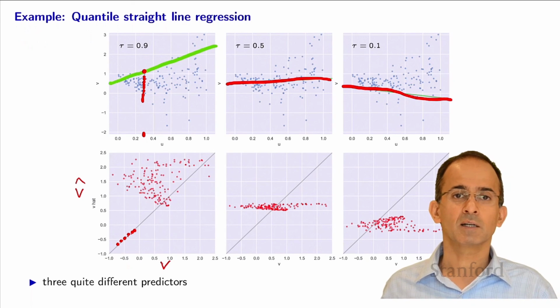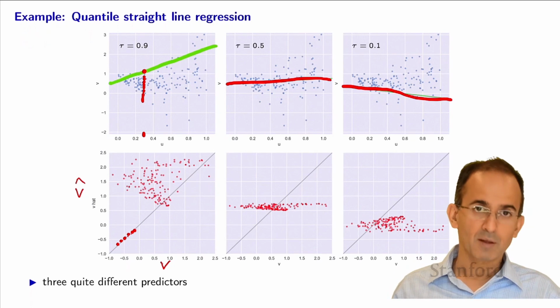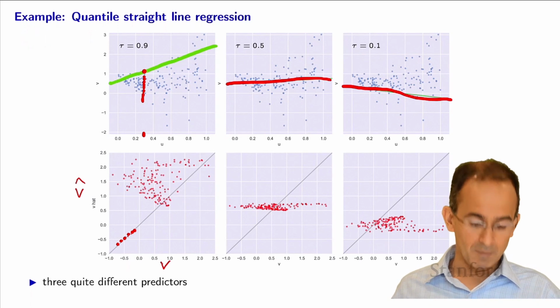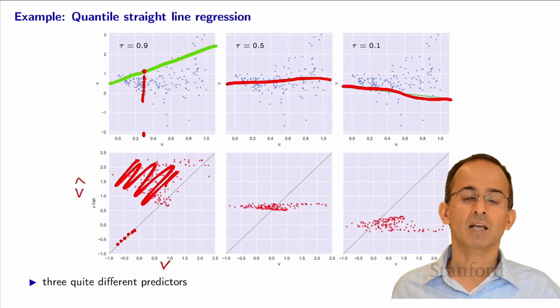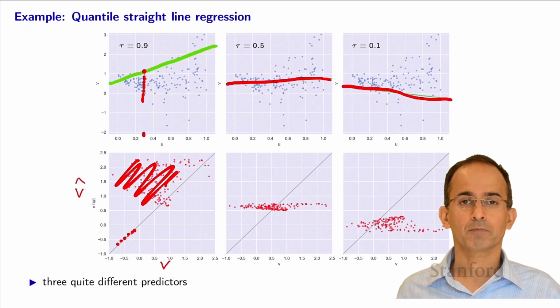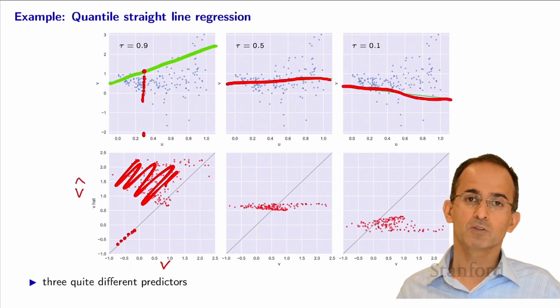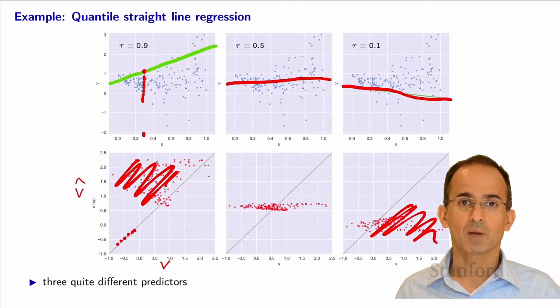If you've got a predictor that tends to overestimate, well then the predictor tends to produce v hats that are greater than v, and that means it tends to produce points that are in this half of the plane. And if you've got a predictor that prefers to underestimate, it tends to produce v hats less than v, and we end up with points in this half of the plane.